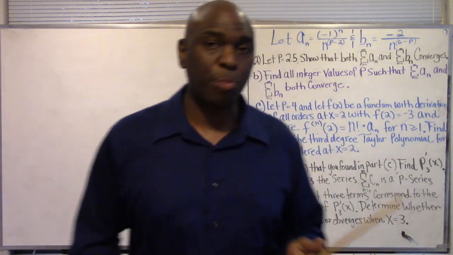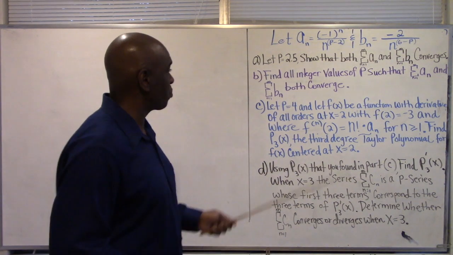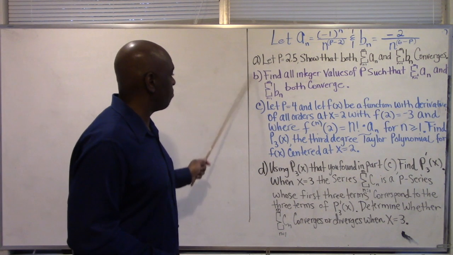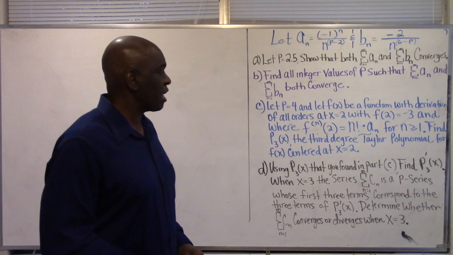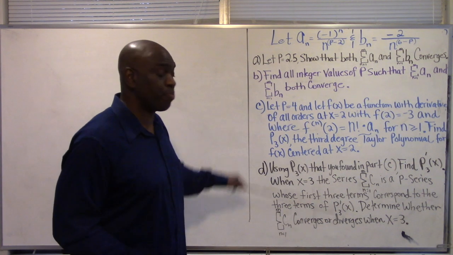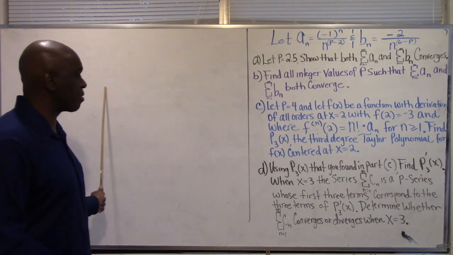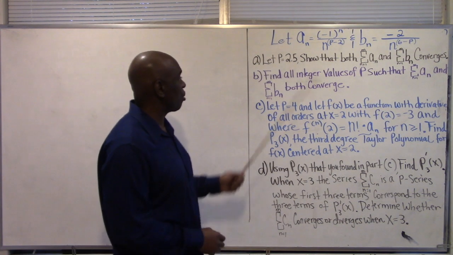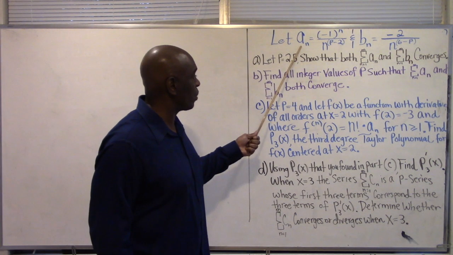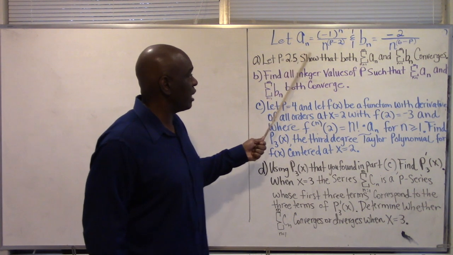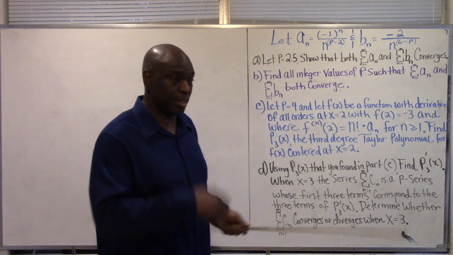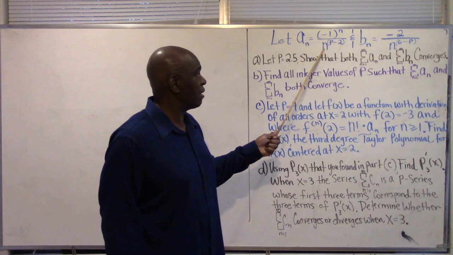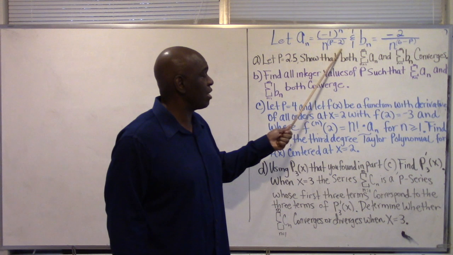So we have a problem on the board, and this problem has 4 parts: A, B, C, and D. And what we're going to do is answer each portion on the opposite side. Alright? So we're going to let the sequence a sub n equal (-1)^n divided by n to the power of p minus 2.